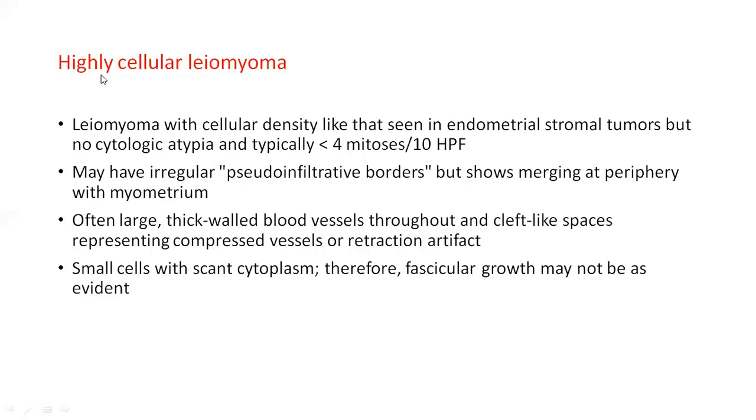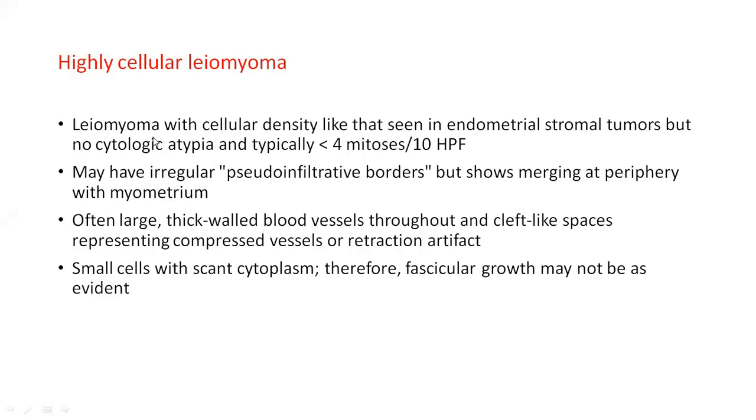And now discussing the subtypes of leiomyoma. The first is the highly cellular leiomyoma. As the name implies, it will be a leiomyoma, but here the number of cells will be higher.